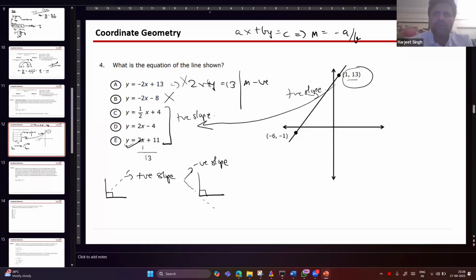And by the way, slope would have been delta y by delta x. So that would have been 13 minus of minus 1, divided by 1 minus of minus 6. 14 by 7, 2.